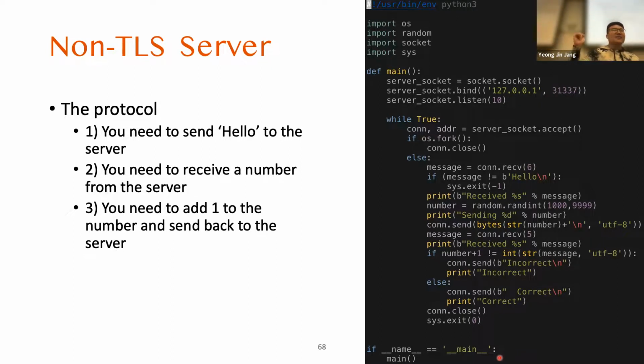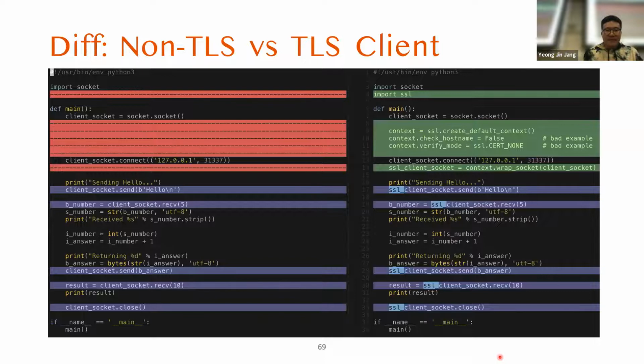And then I will show you how many lines I should edit if I want to provide TLS to this protocol. So this is the source code diff result of the non-TLS and the TLS version. To enable TLS, what I did is I imported the SSL package, and then after creating the client socket, I create the SSL context, set it up a little bit, and then after making the connection, context wrap socket.